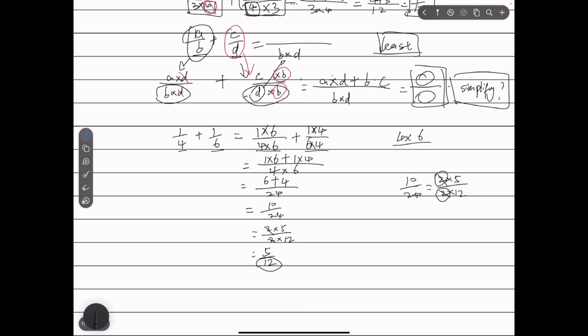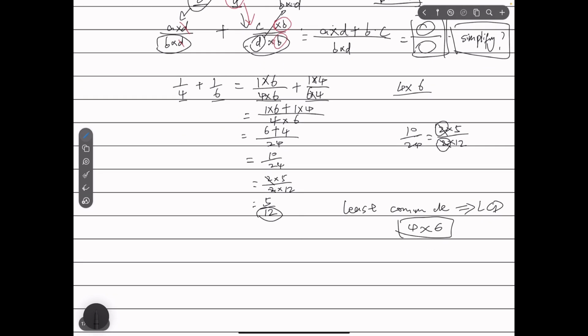So basically 12 will be the least common denominator, which is the LCD for 4 and 6. The other way to find the LCD is to use prime numbers to represent the numbers we have. A prime number can only be divided by 1 and itself.